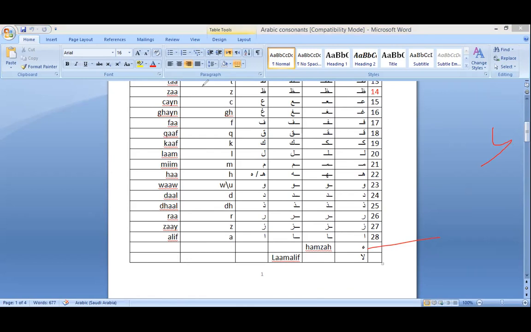Now, when I'm saying Hamza, which one among these two letters am I beginning with the pronunciation of that sign? Is it the first one or the second one? It's the first one. Yes, Ramadan? The first one. This one is number 1 and this is number 2.